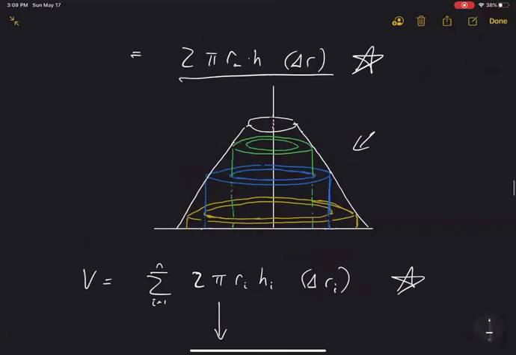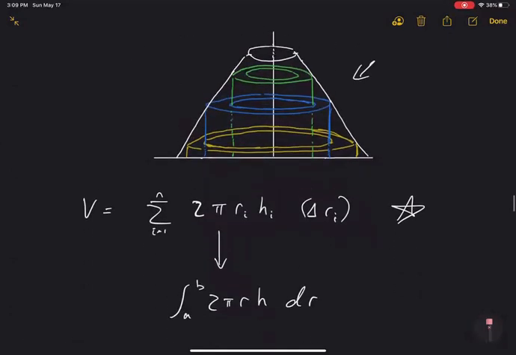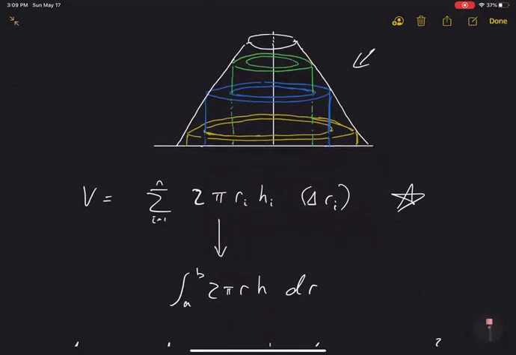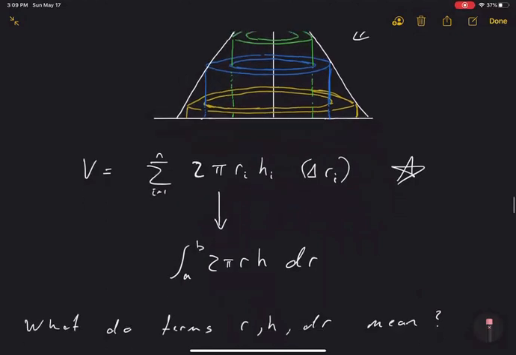So again, this is the volume of an individual cylinder, and then this is our shorthand for adding up n cylinders. And as I said before, my approximation is going to get better and better as I take these cylinders thinner and thinner and put more of them nested inside of each other. So as I take that limit, as the thickness of my cylinders goes to 0, what happens?